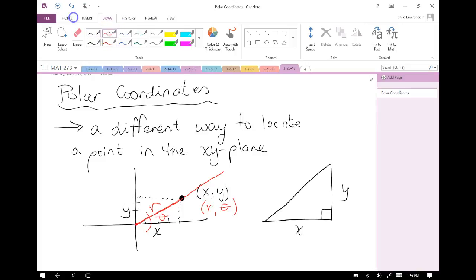And then we have our hypotenuse and our angle, which is just like the magnitude and the direction for the vector. And this takes us from 0, 0 out to this other point, which we could write two different ways, either x, y or r, theta, depending on which coordinate system we were using.